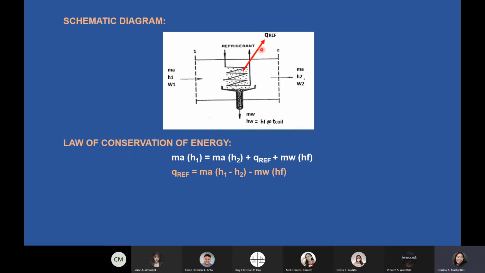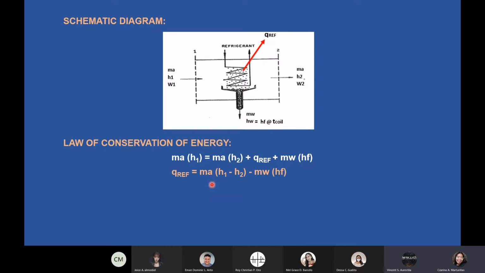Based on the law of conservation of energy, energy in equals energy out. We derive with this equation Q_ref equals m_a times (h1 minus h2) minus the mass flow rate of the condensate times the enthalpy of fusion.